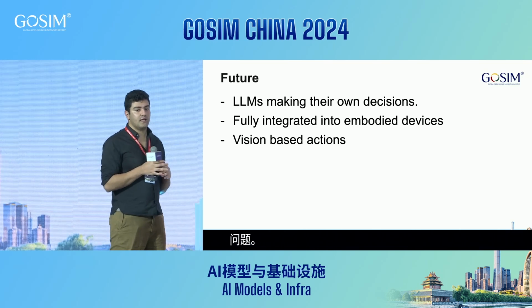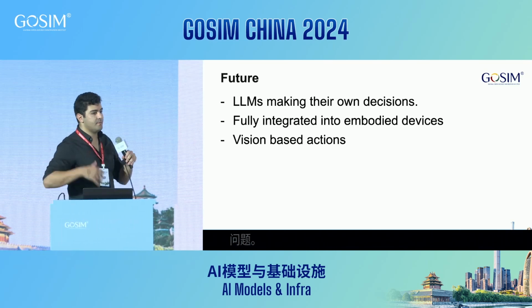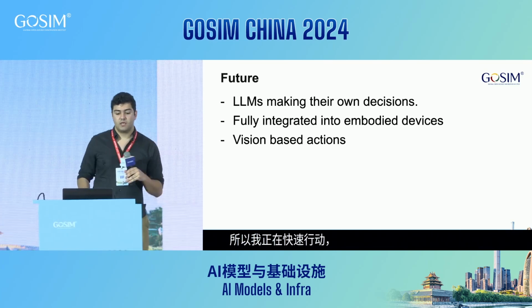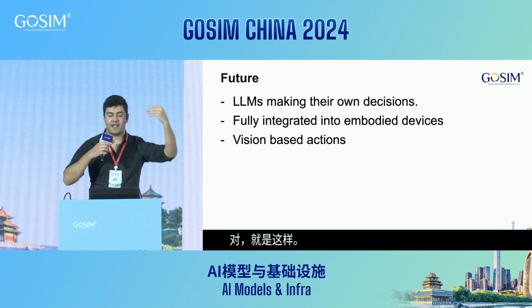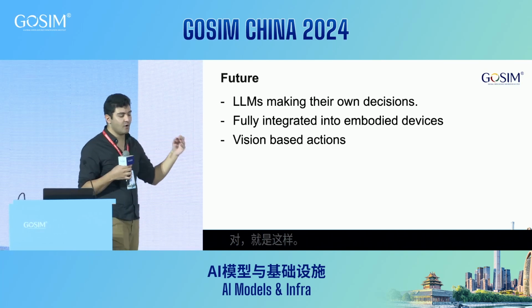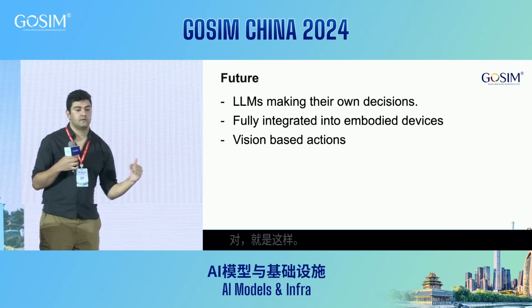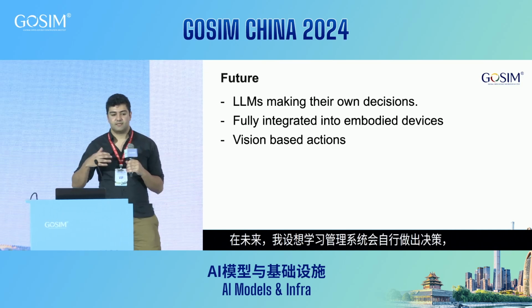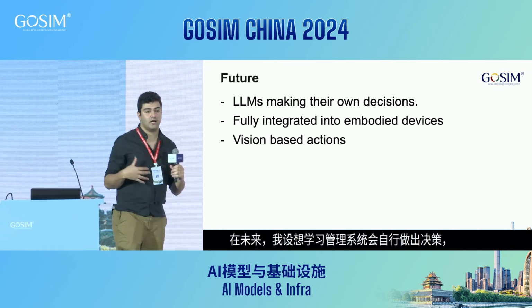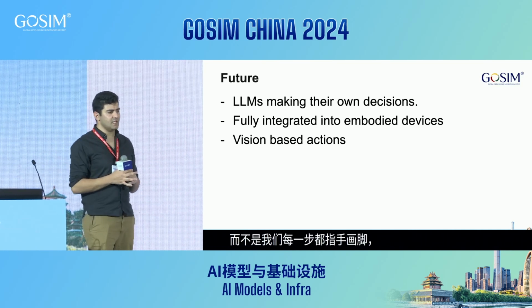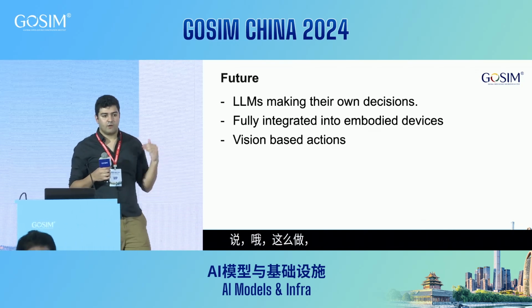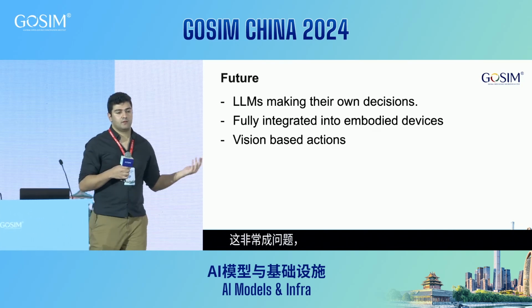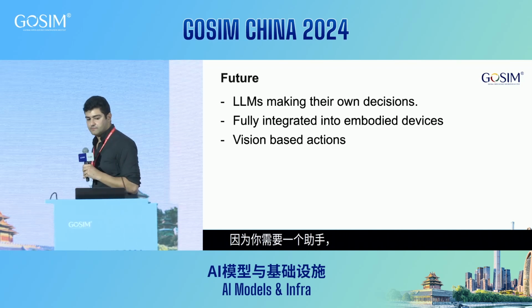In the future, I envision where the LLMs are going to make their own decisions rather than us giving every single step, saying, oh, do this and that and that. That is very problematic because you want an assistant to help you rather than giving you every single thing, because it would otherwise be very cumbersome.